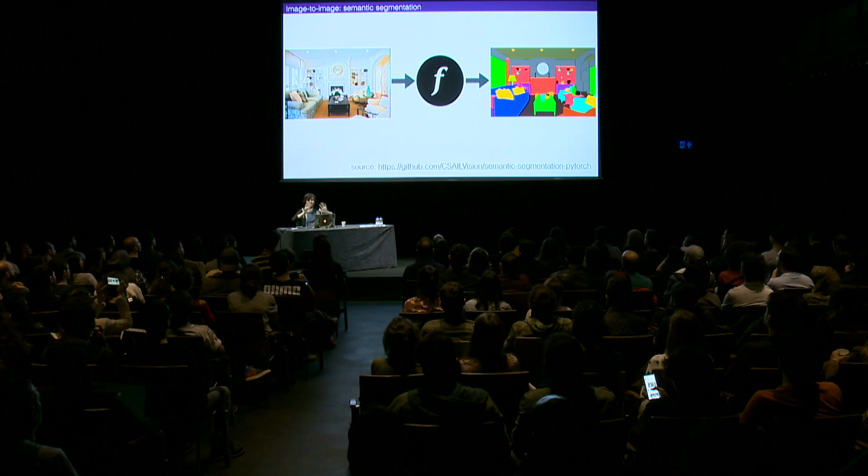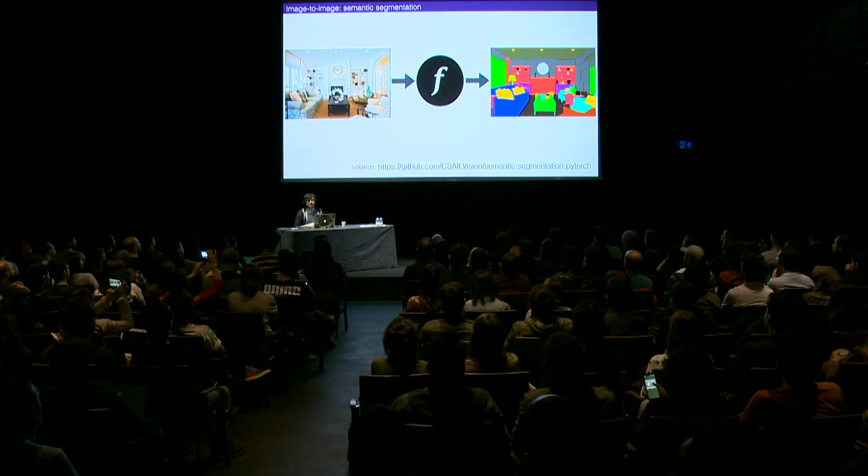Taking images and segmenting them into the actual parts that are inside of them. Here you see that the pillows are labeled yellow, and the fireplace is labeled red. This could be useful for self-driving cars to be able to tell apart the road from people, pedestrians, other cars, and so on.